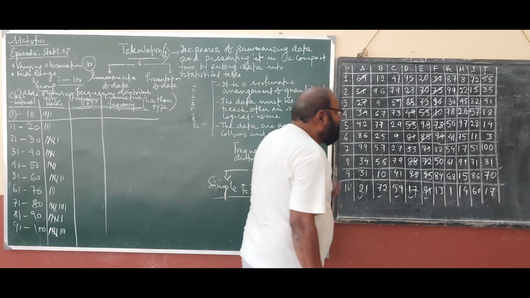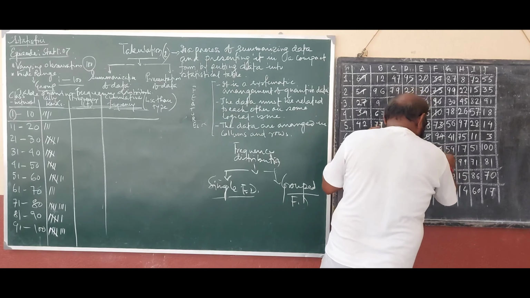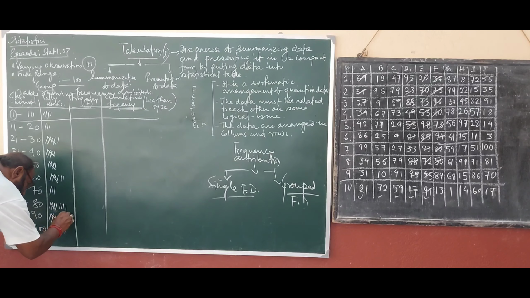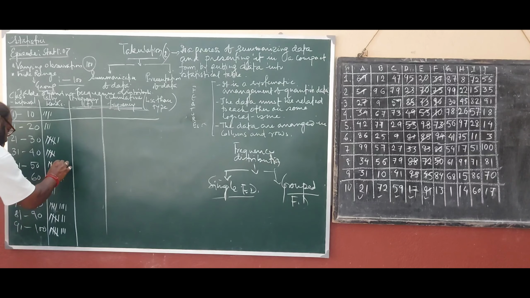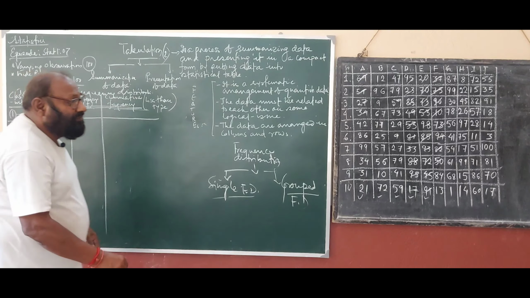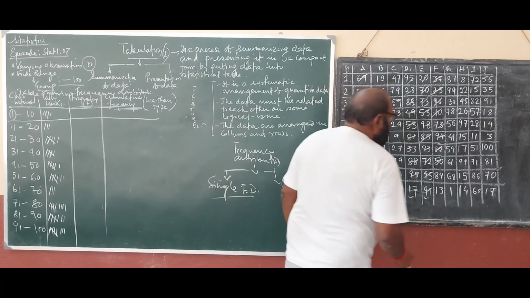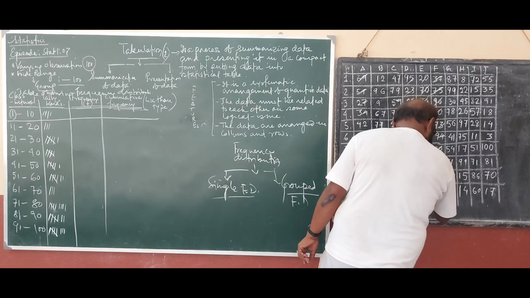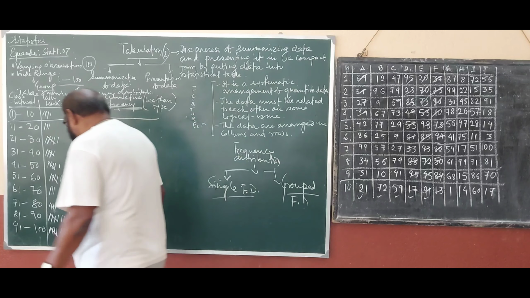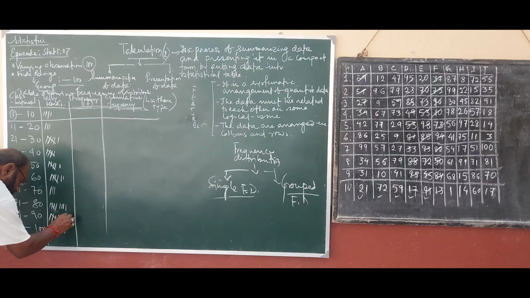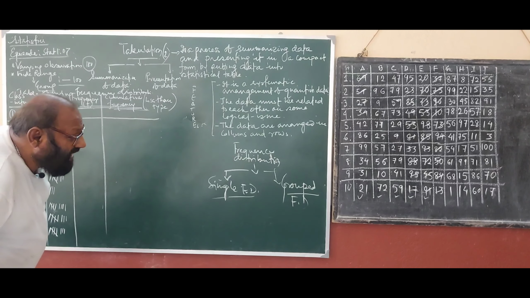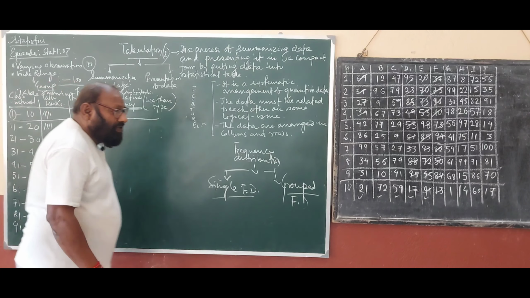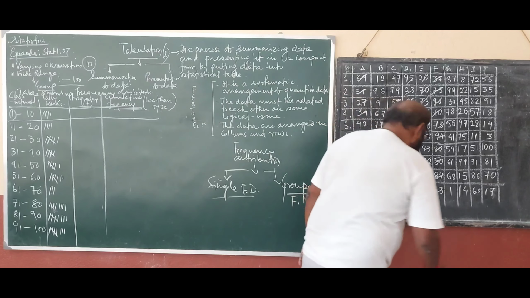Then 82, 50. 82 falls in this group, and 50 means another. 50, 84, 13. 84 comes in this category, and 13 falls over here. Good marks obtained, okay, 13.